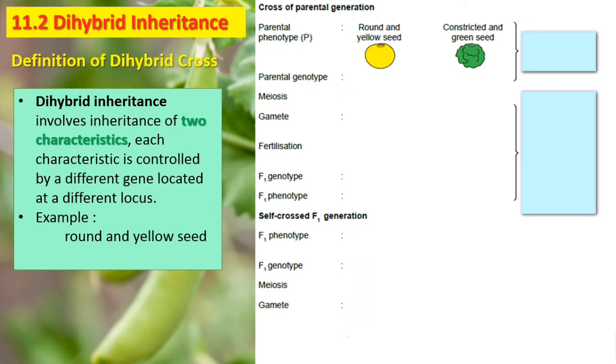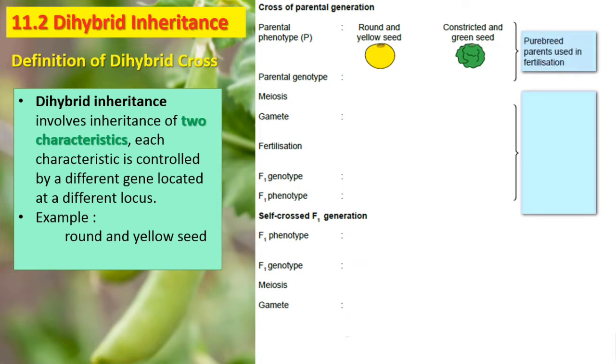Mendel started with the parental genotype, round and yellow seed, crossed with constricted and green seed. So there are two characteristics here. Round and constricted is seed shape. Yellow and green is the color of the seed.